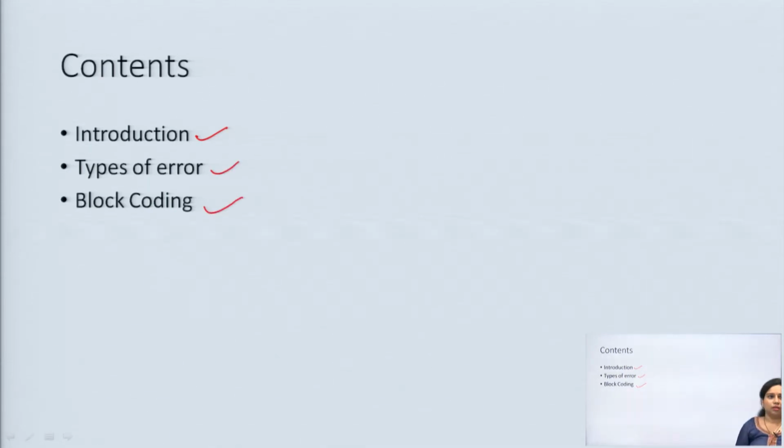So, first I will begin with why we have to study error correction and detection. Whenever we want to transmit our information, we want to communicate, the information is in the form of digits, in the form of 1 and 0.